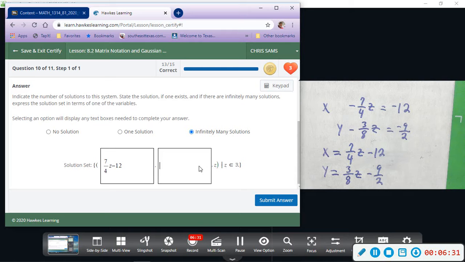So we're going to say 3 over 8 z, and then minus 9 over 2. Okay, so this is the x in terms of z, this is y in terms of z, and z is just itself. Okay, that's the variable that we're using.